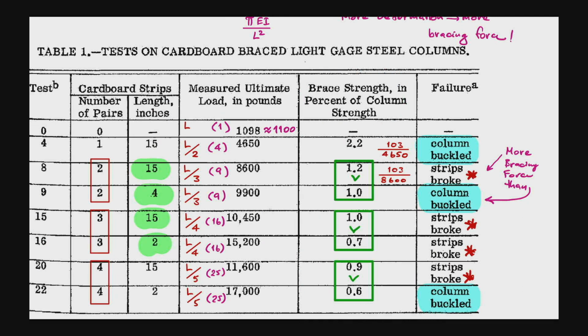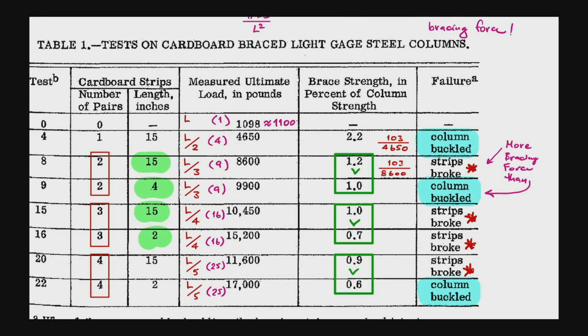Okay, this column here records the percentage of the brace strength compared to the column strength. So the brace strength is 103, as I told you before, and the capacity of the column is taken from here, measured ultimate load of the column.